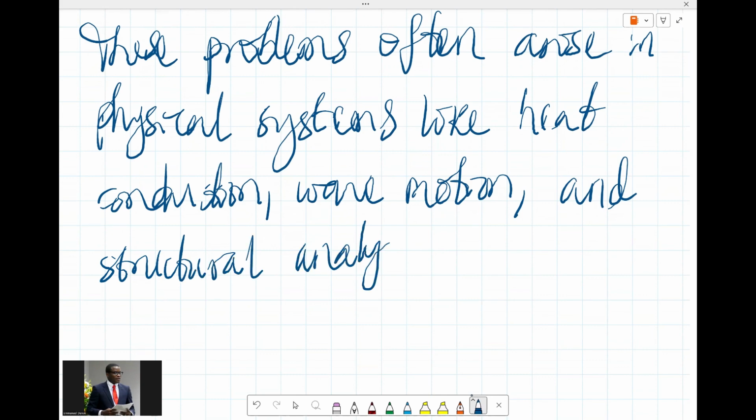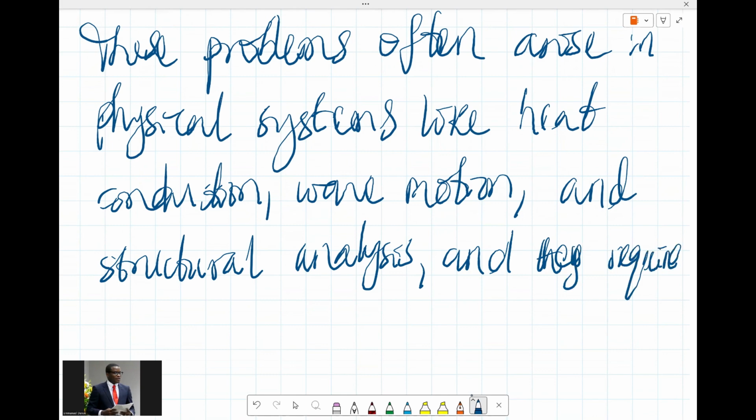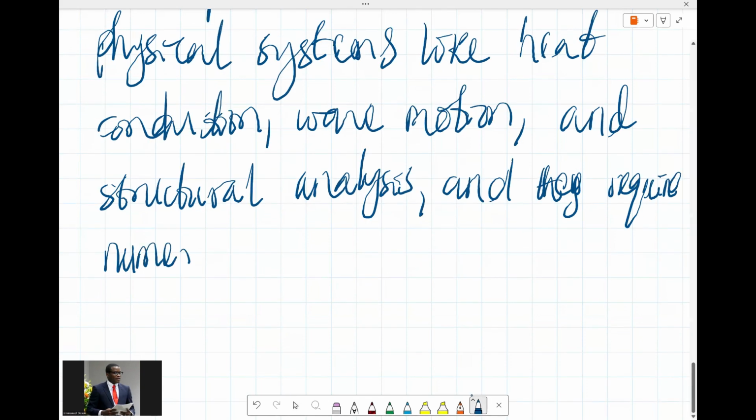When you talk about frames and trusses and all that, structural analysis. And they require numerical methods basically. It's difficult to find an analytical solution for this kind of problem, so they require numerical methods.